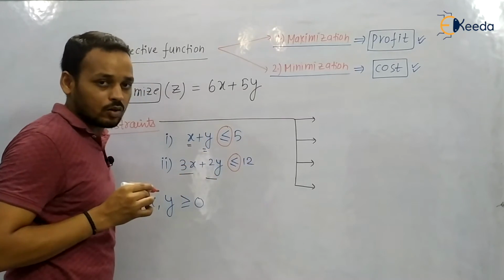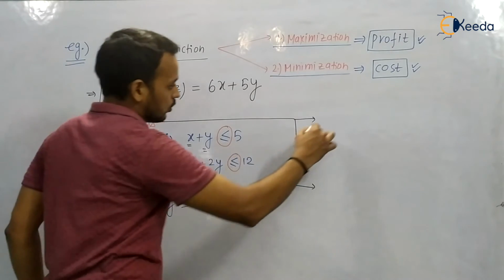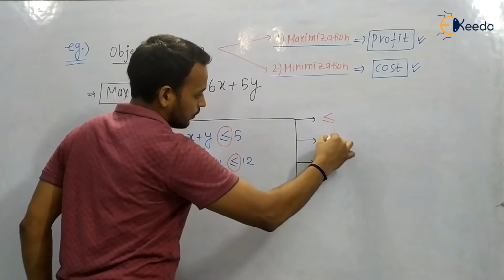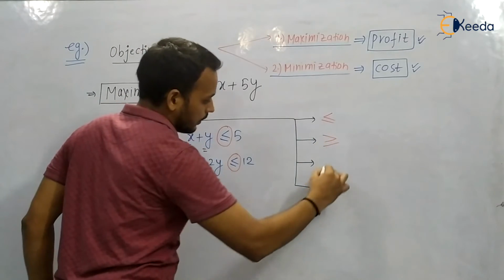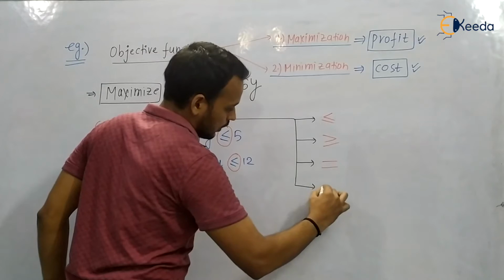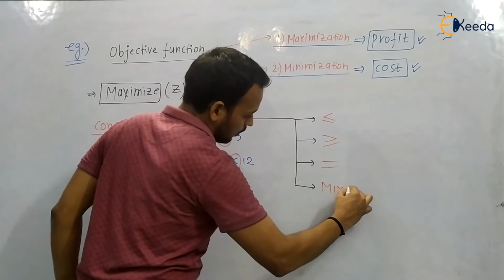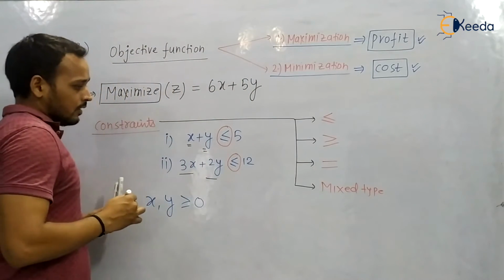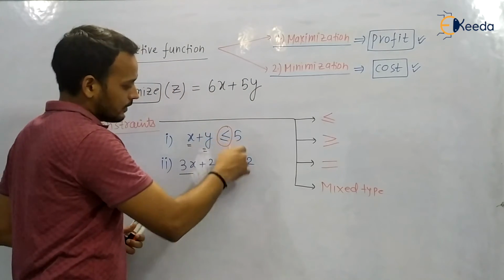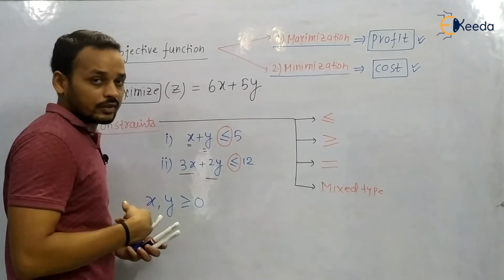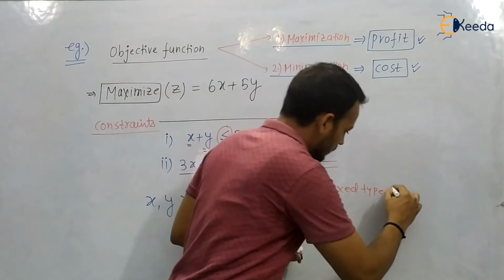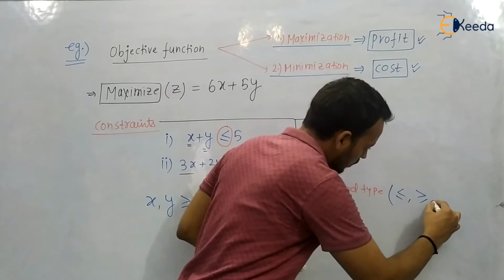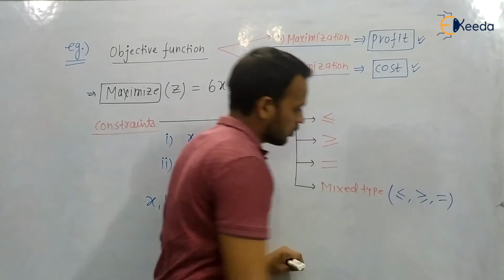The constraints can be of less than or equal to type, of greater than or equal to type, of equal to type, and the fourth one can be of mixed type. Mixed type means one is less than or equal to and another is greater than or equal to; less than or equal to, greater than or equal to, and equal to can all be there.